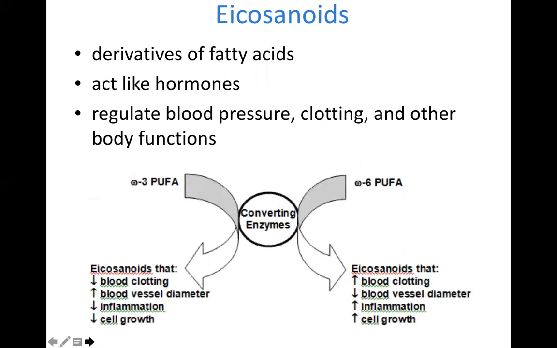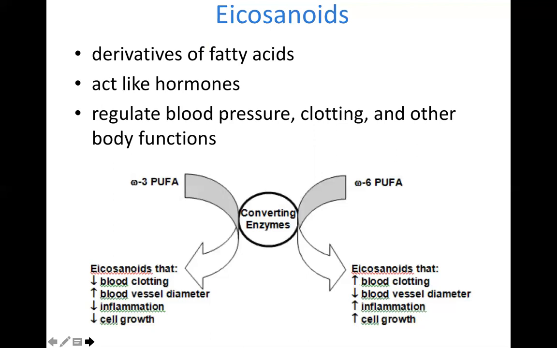Eicosanoids. So eicosanoids are derivatives of fatty acids, and they act kind of like hormones, but they're a little bit different than hormones because they only affect the cells where they're produced or cells very close to them, where hormones can affect the entire body. And they also have different kinds of cellular responses.